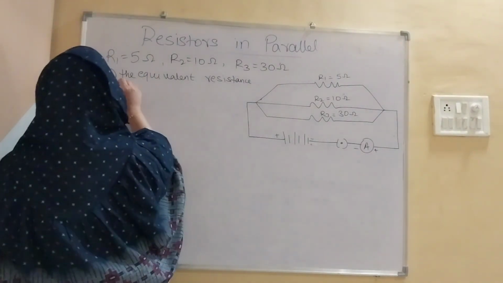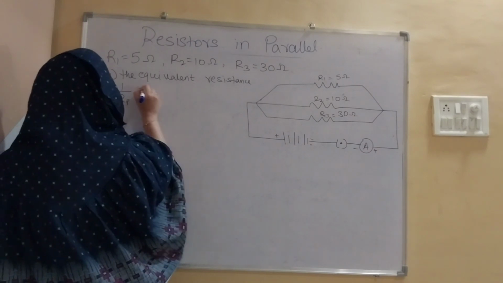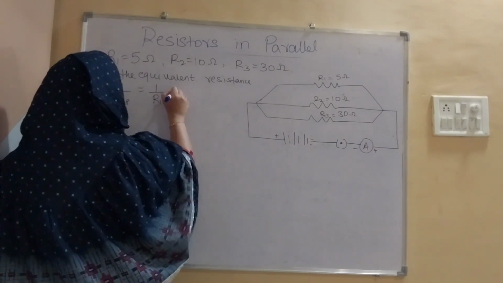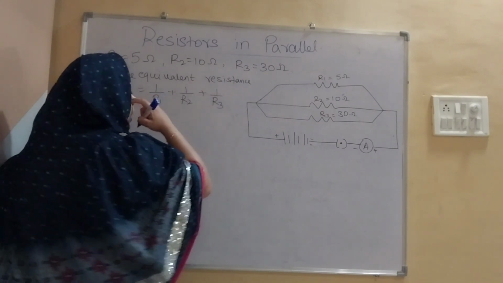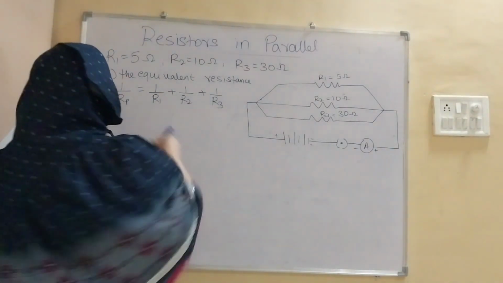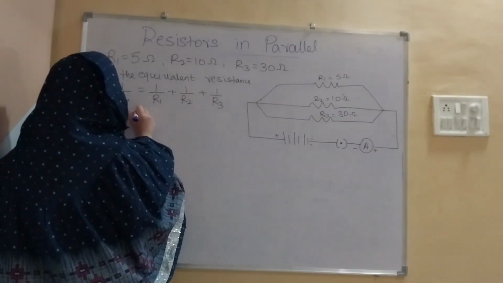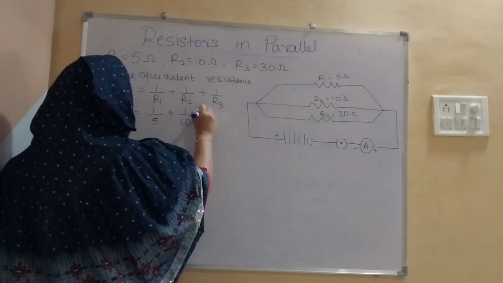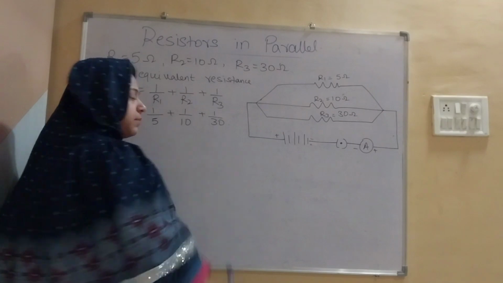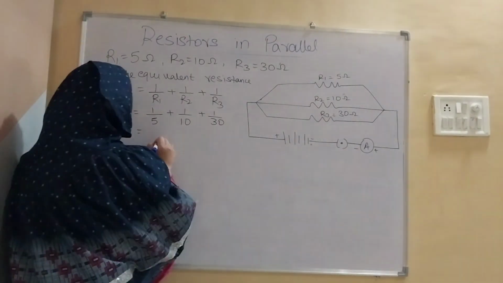Okay. So 1 upon Rp is equal to 1 upon R1 plus 1 upon R2 plus 1 upon R3. So 1 upon Rp will be equal to 1 upon 5 plus 1 upon 10 plus 1 upon 30. Okay, we will take the LCM.